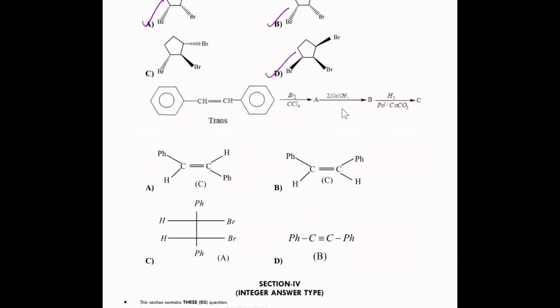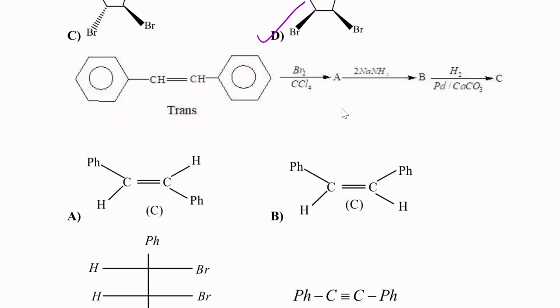Right. Notice the next one. The next reaction is: if you have a trans molecule, add Br2. We know that when it comes to a trans molecule, what do I get? I will get this as A, and trans plus anti will give you erythro. So Br and Br will be on the same side, with phenyl here and hydrogen here. So this is the A product.